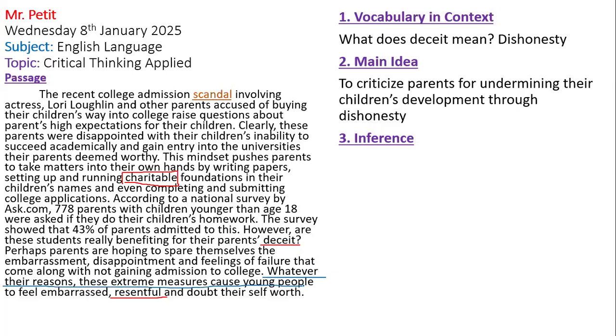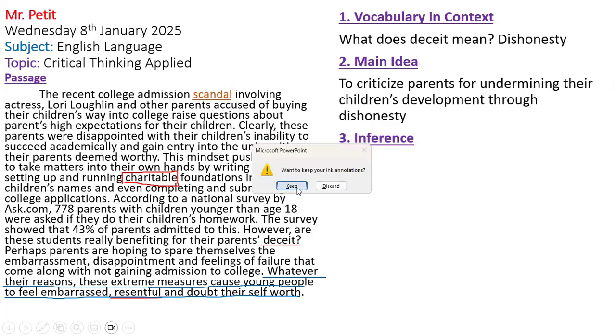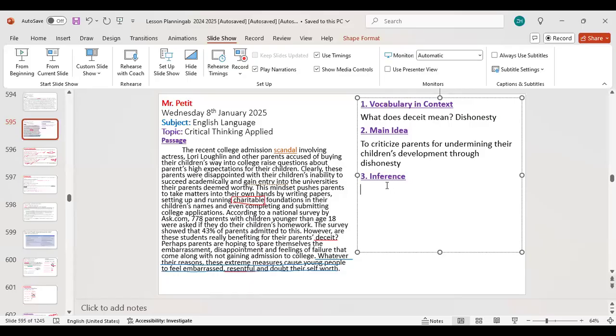It's right there: whatever their reasons, these extreme measures cause young people to feel embarrassed, resentful, and doubt their self-worth. Yeah, that's it right there. Okay, so the author, let's write this down.